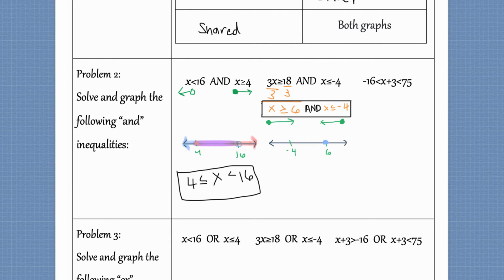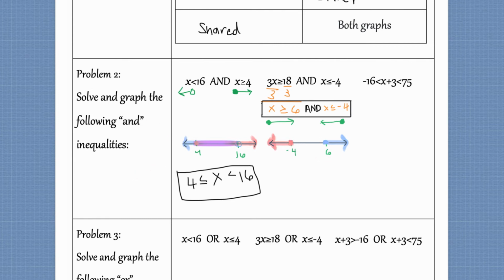So we're going to shade in everything to the right of this. For our second one, we have x is less than or equal to -4, and we said we have a closed circle on -4, and our arrow is pointing to the left. So we're going to shade in everything to the left of -4.